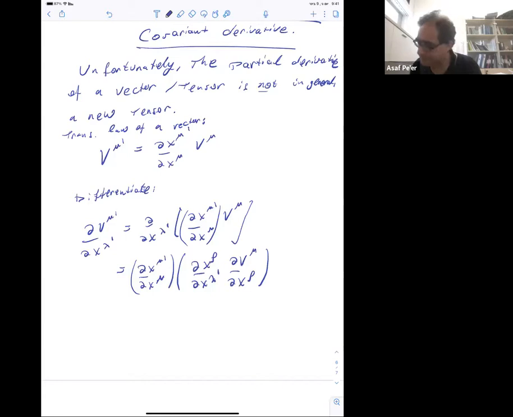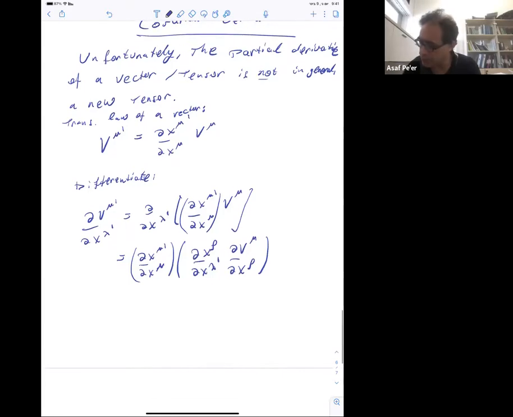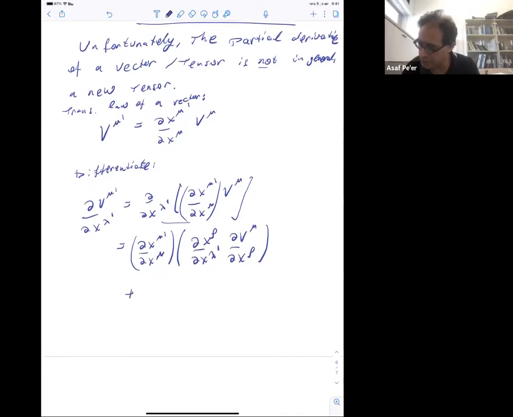But then I am also left with the first part. So plus, the correct way of doing that is to write down d squared x mu prime over dx mu dx rho, times dx rho over dx lambda prime, times v.